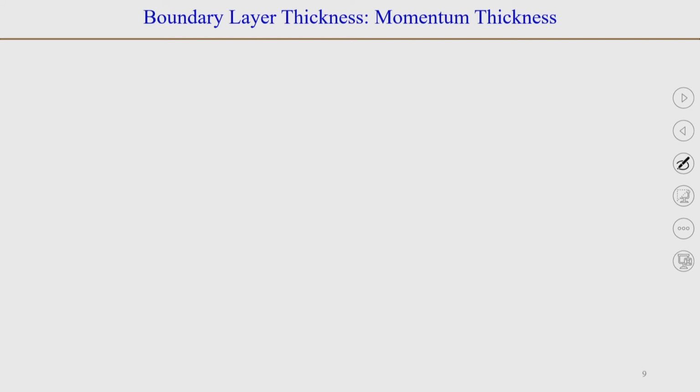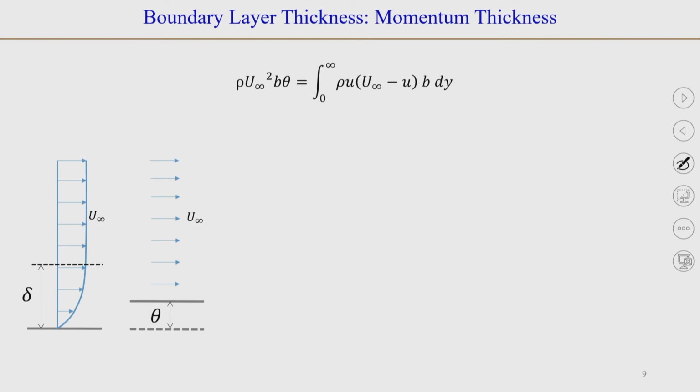Now, we can equate this momentum defect by considering a thickness theta by which the plate needs to be moved, and this will be equal to theta into, because if the flow is moving with the velocity u infinity, rho u infinity squared into b into theta.